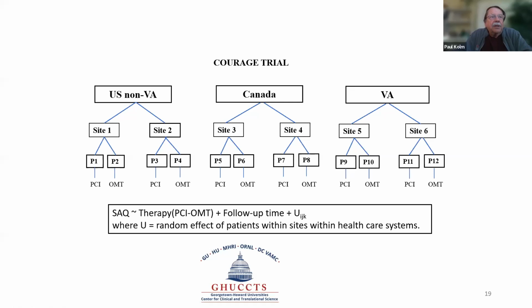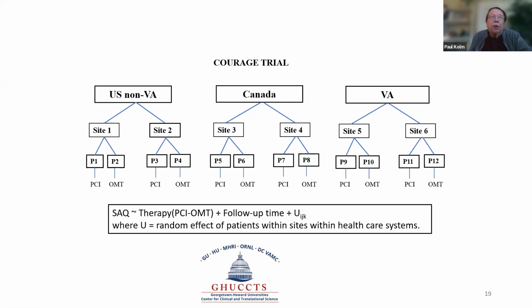And so our outcome in this case was a quality of life measure, the Seattle Angina Questionnaire, or the SAQ. And so we're modeling that as therapy, PCI versus OMT, plus we have follow-up time, and then we have the random effect of healthcare system. We have the random effect of patients within sites within healthcare systems.